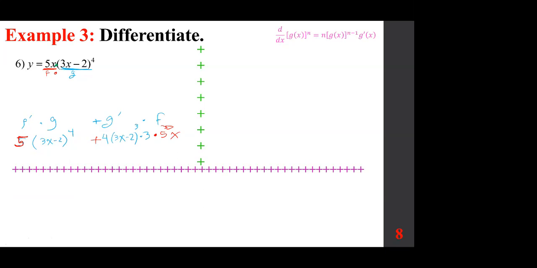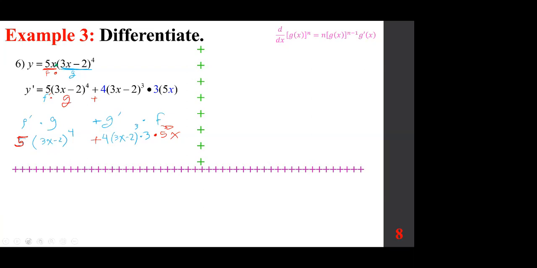So here's a neat writing. Let me write underneath this. This is the f function. I mean f prime, my apologies. This is the g function.